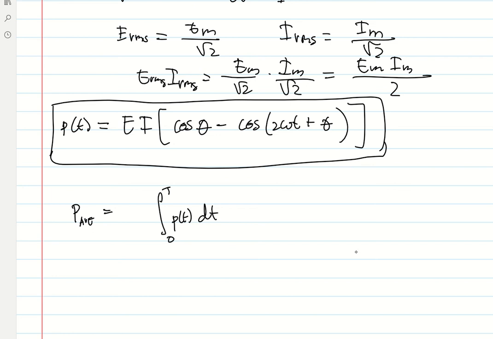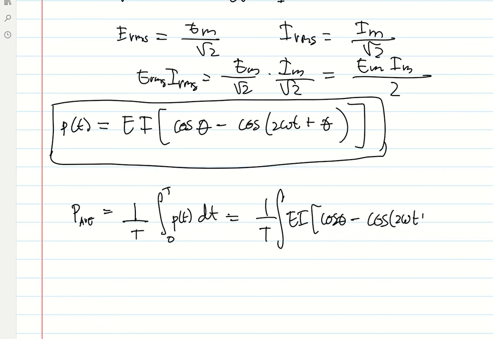And to take the average, we divide that by the total period, 1 over T. Then we have our P of t here. So this is just equal to 1 over T, the integral of EI cosine theta minus cosine of 2 omega t plus theta, then dt from 0 to T.